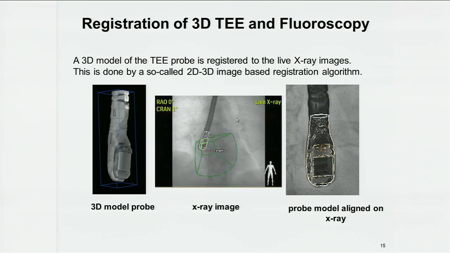So a very innovative approach is rather than finding common anatomical landmarks that are seen in fluoro and in ultrasound, why not just in X-ray align the TEE probe such that you get this so-called 2D, 3D image-based registration, and you align the probe and you know where that 3D TEE ultrasound data set will lie in X-ray space, so to speak.